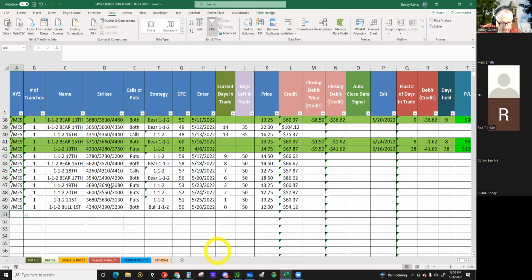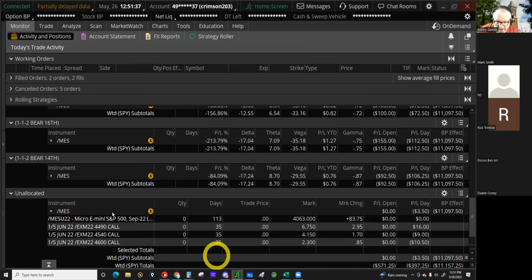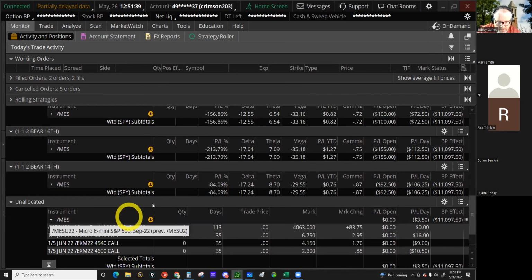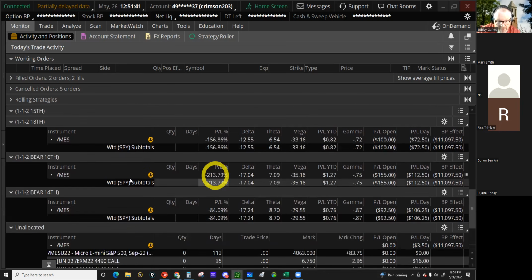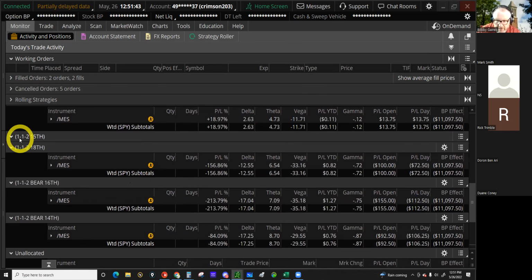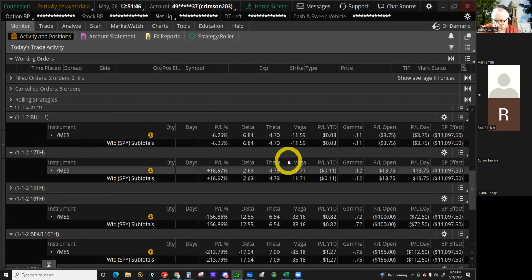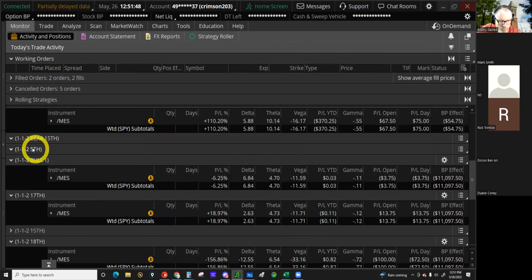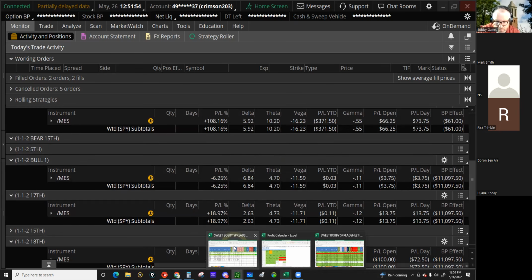Let's say 4490 call 112 15. Let's see what else is missing. I should have identified it on my spreadsheet first. Hold on a second. So we know it's not that one. So it's got to be the 15th, right? Or what else doesn't have a wheel on it? Maybe it's a 112 5th.